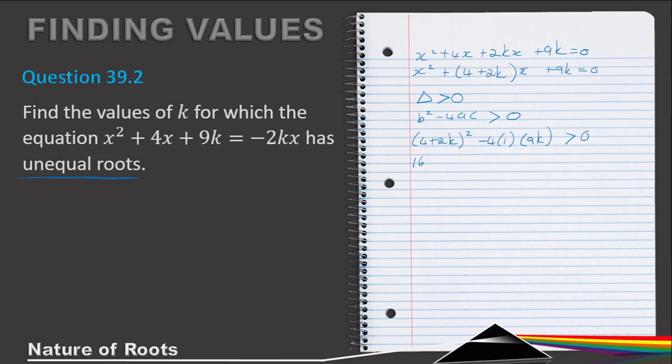Simplify, 4 squared is 16, 4 times 2k times 2 is 16k, so plus 16k plus 4k squared, and then minus 36k greater than 0. Add the like terms and reshuffle it to be in standard form. 4k squared plus 16 minus 36 is minus 20k plus 16 is greater than 0. Divide everything by 4, k squared minus 5k plus 4 greater than 0.